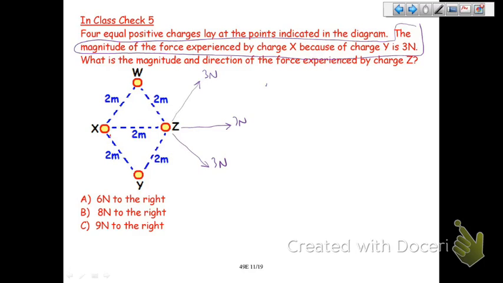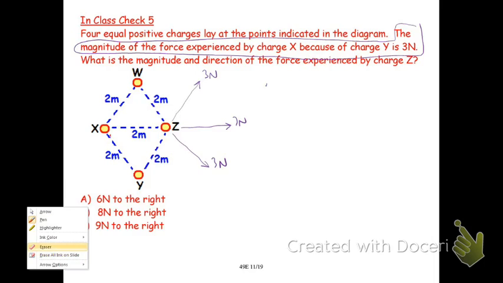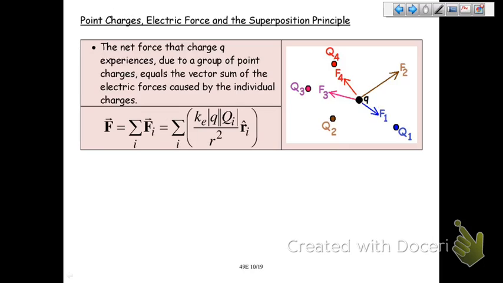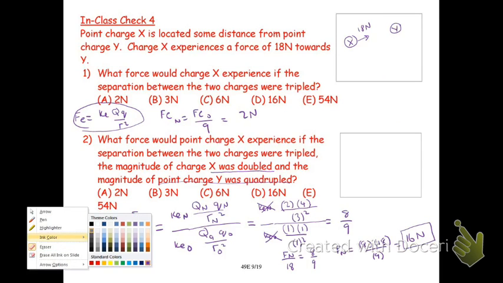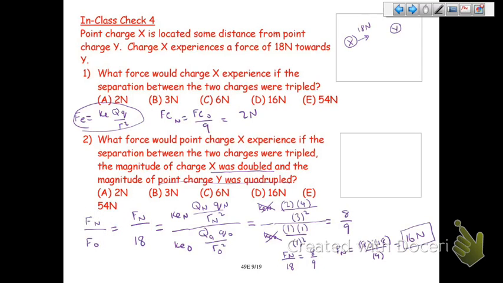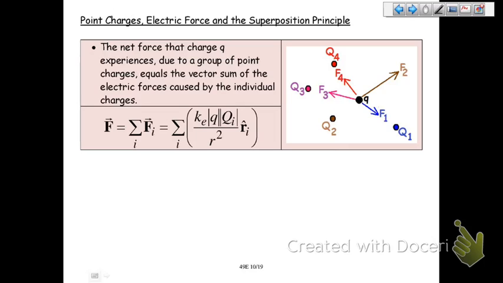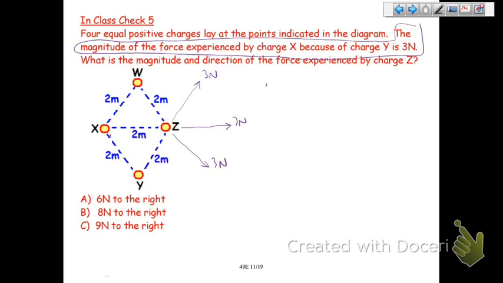So I've got to sum these vectorially. And the way you do that is you use components. I could use ijk, but it'd be a bit more involved. So let's go there. What we do is we find our way back and we say, let's have a look.